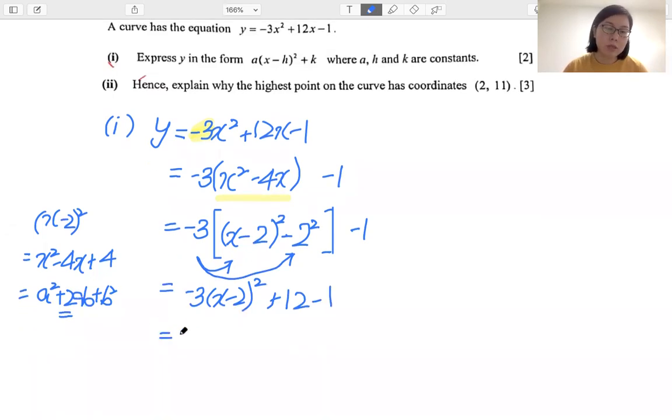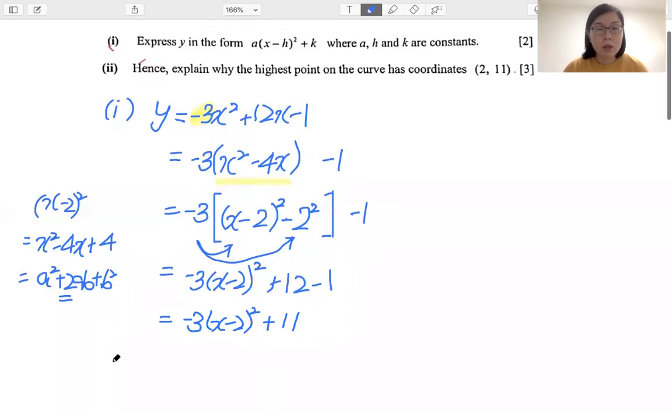So this will give me -3 times x minus 2, whole thing squared, plus 11. And this is the form that they want. So I'll give them the value of a by comparing, it is -3. The value of h is 2. And the value of k is 11.